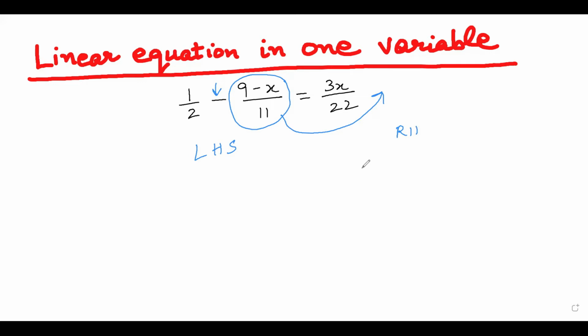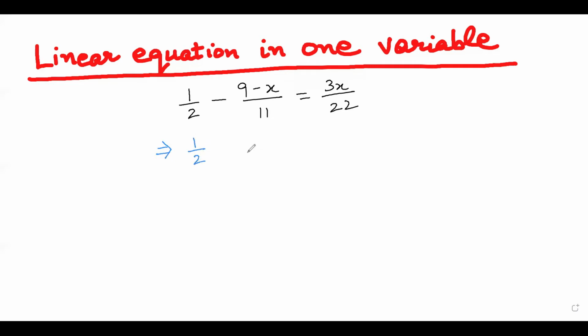We'll do it today with this method, but with any method you follow, the answer must be the same, and the answer can be checked by putting in the value of x. So let us do it. We'll take this term to the other side. We always put the implies sign in the equation when we write down the steps.